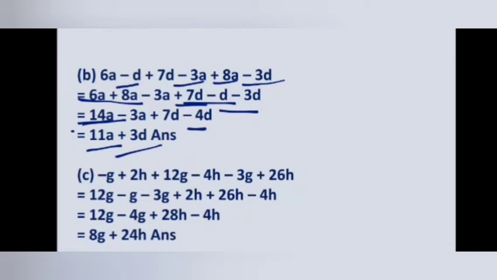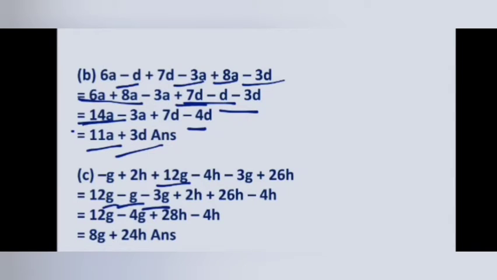So let's take C. We have minus g plus 2h plus 12g minus 4h minus 3g plus 26h. As usual, you collect all the terms with a positive sign. Let's begin with the g, alphabetically. We normally do that alphabetically. So we have 12g, which is the first positive term, with no other positive term in the g letter, followed by minus g, then minus 3g.